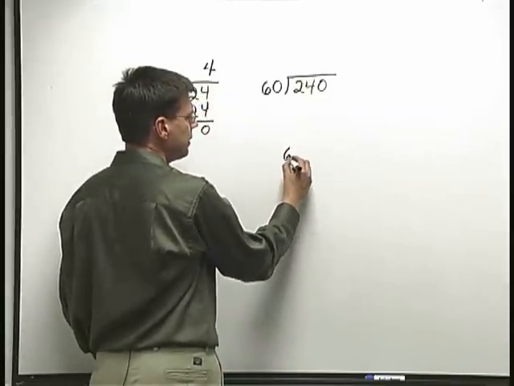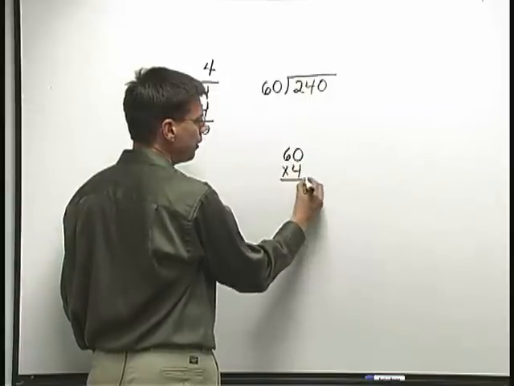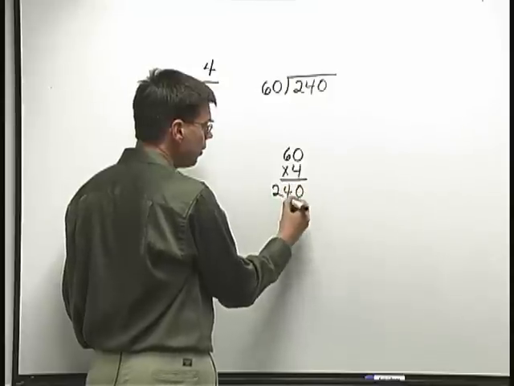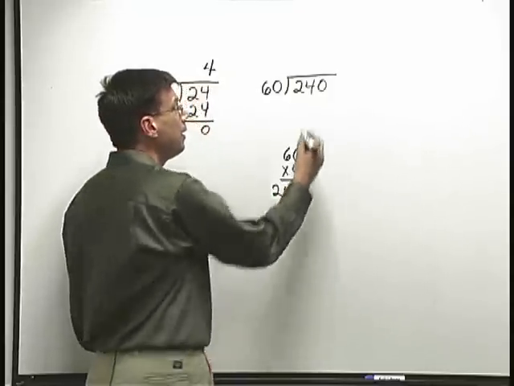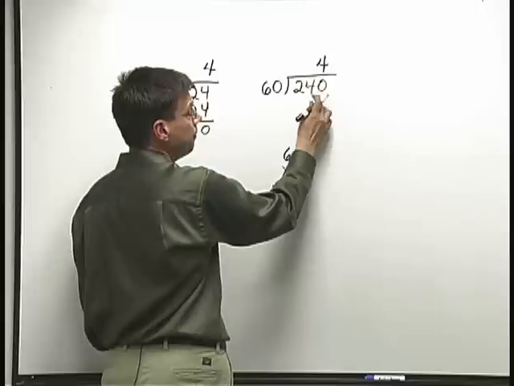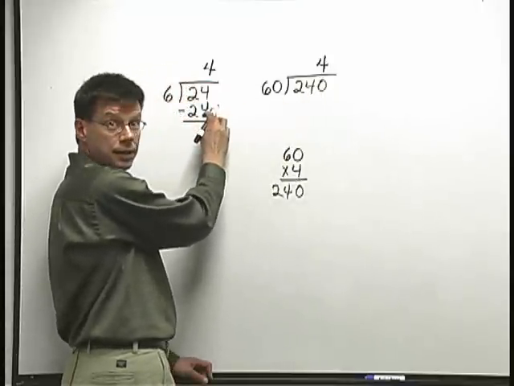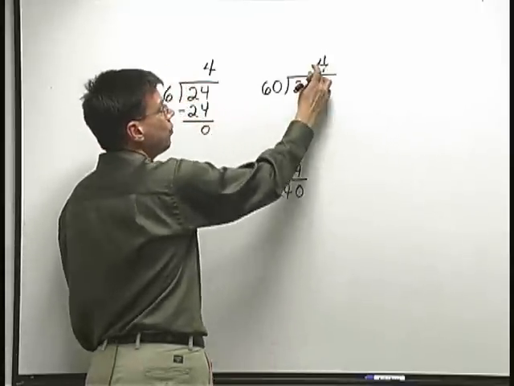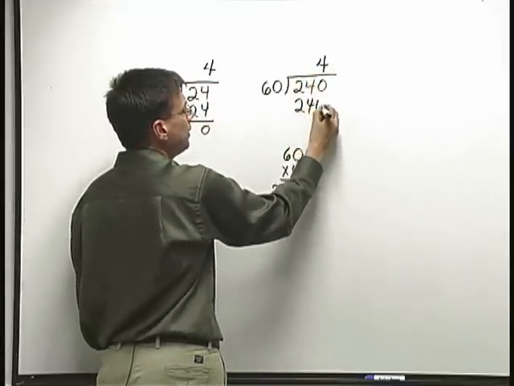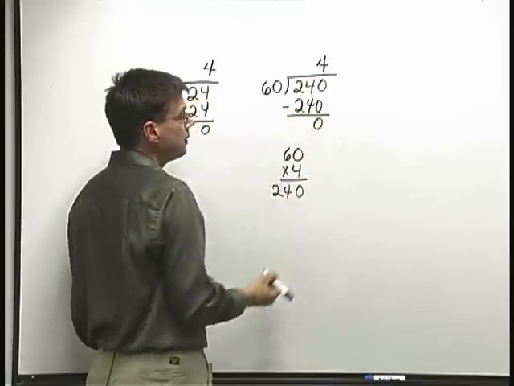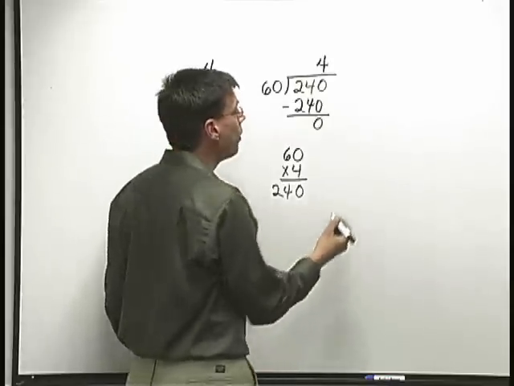Well, 60 times 4 is 240. It just goes 4 times. The answer to this problem is the same as the answer to this problem. 4 times 60 is 240. Subtract, we get 0.